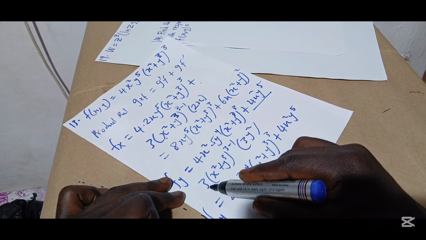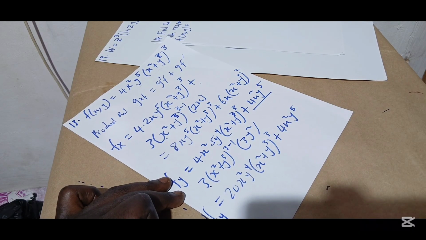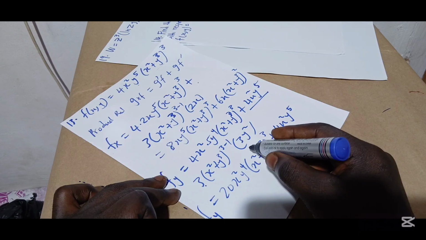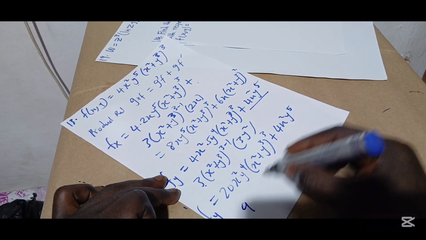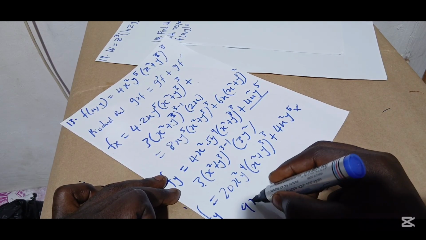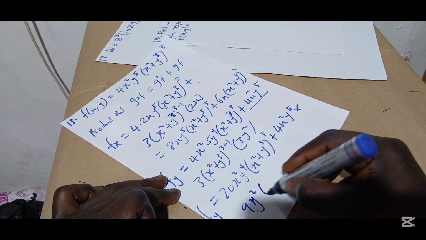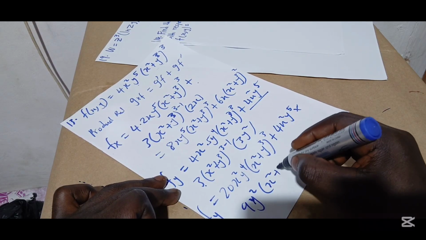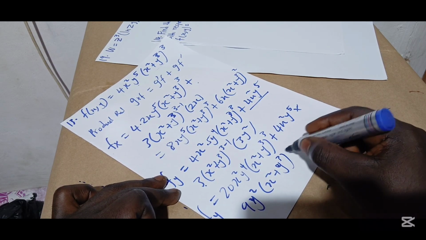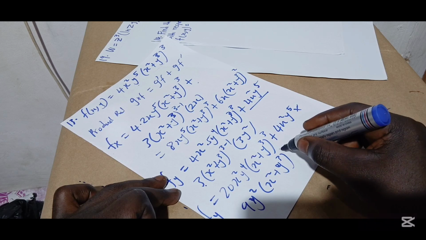So we have 3 by 3 here, giving us 9, right? 9 multiplying 9 y squared, x squared plus y to the power 3, with the power 3 decreased by 1 gives us 2.